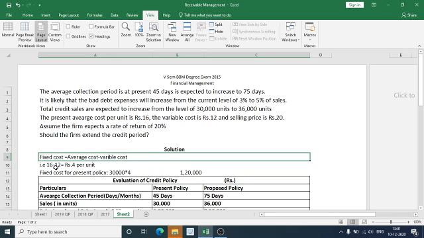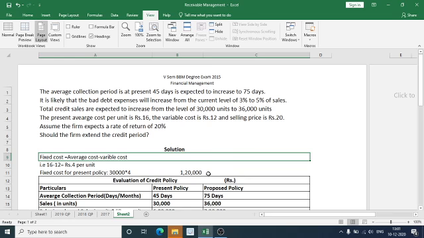So rupees 16 minus 12, you will get rupees 4 per unit as fixed cost. For the present policy, the fixed cost will be 30,000 units sales into 4, so rupees 1,20,000 will be the fixed cost, and it will remain fixed whatever the level of production. So fixed cost does not change.